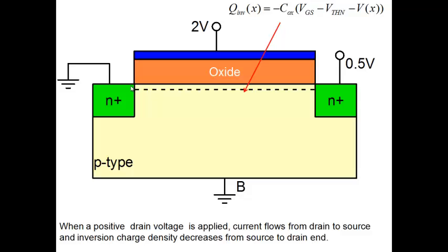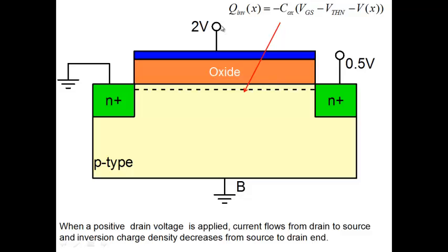And what happens then is the inversion charge at each point now becomes different. The inversion charge at each point was determined by the effective voltage across that particular point. So it was Cox times (VGS minus VTHN). That was the earlier inversion charge. Now, earlier we had ground here. Now, when we apply 0.5, in addition, we have a voltage in the channel.